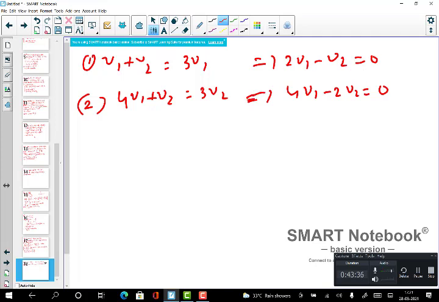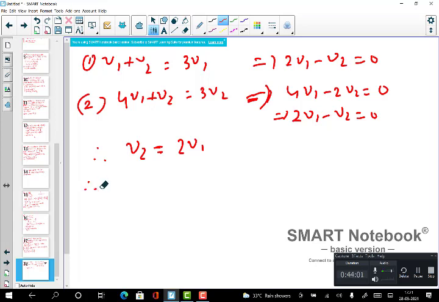So what does that mean? If you multiply the first equation by 2, you will have this equation, right? So this gives you the same equation, minus V2 equal to 0. So from both equations, what we will have? We will have V2 equal to twice V1.